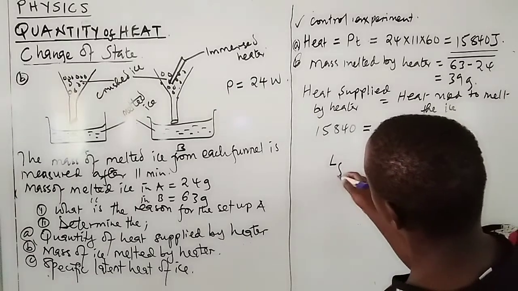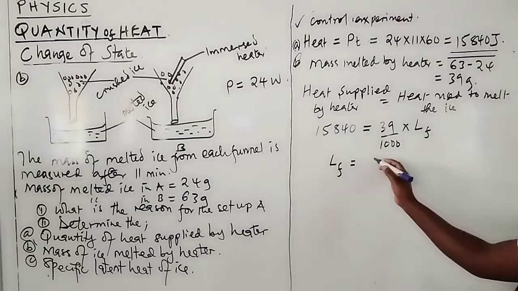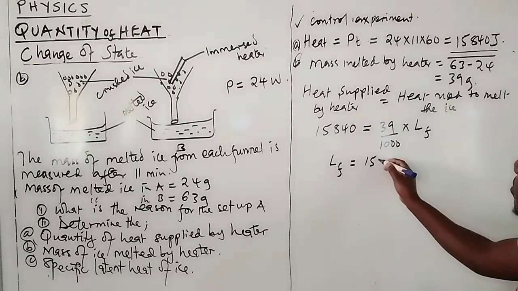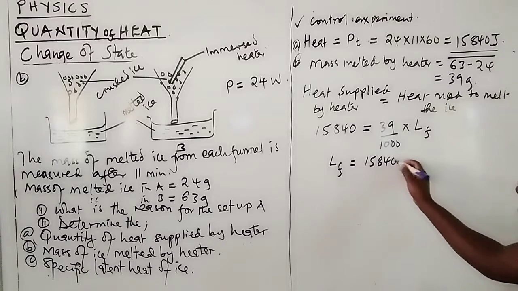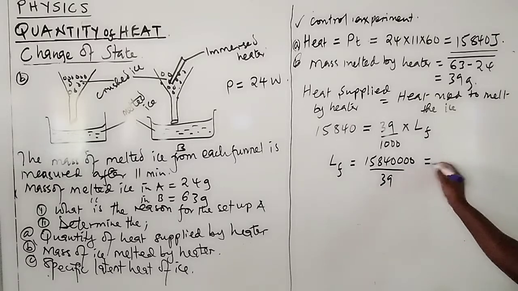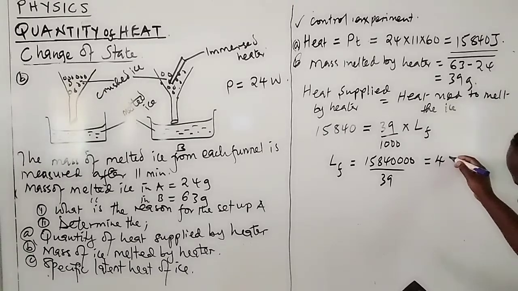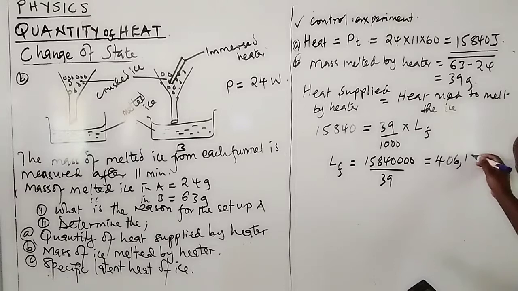So the latent heat of fusion will be, when we take 15,840 multiplied by 1,000 divided by 39, this gives us 406,153.8 joules per kilogram.